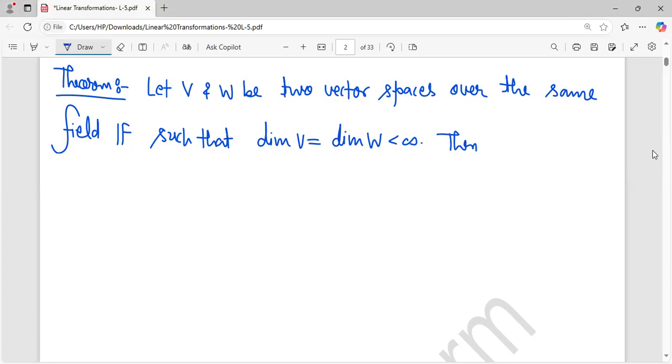Then, let T from V to W be a linear transformation.